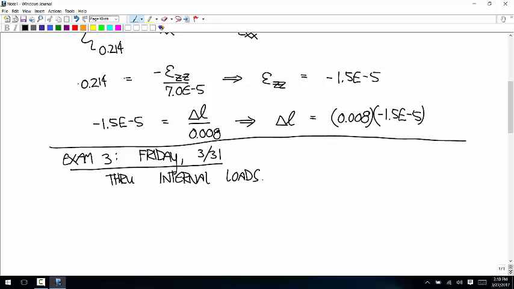Do you want to see what it looks like when you have a distributed load in a body where you use the rotation matrix? Because that won't be on the test, but it's cool.